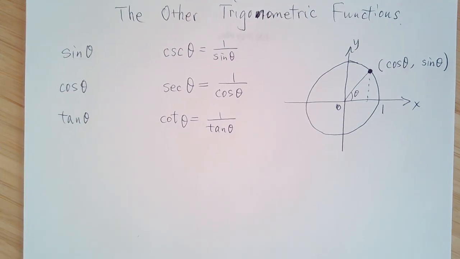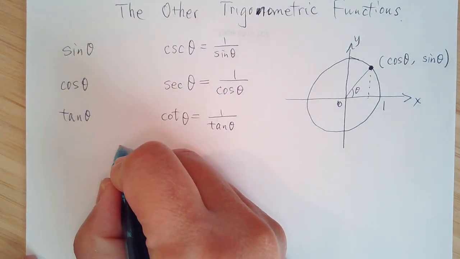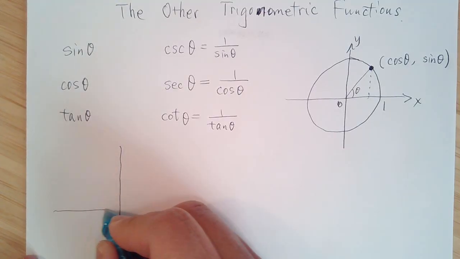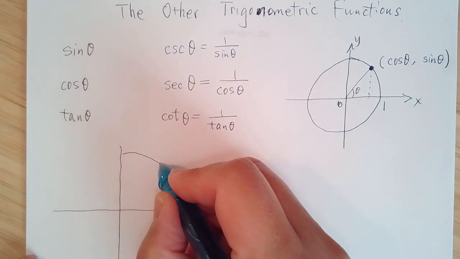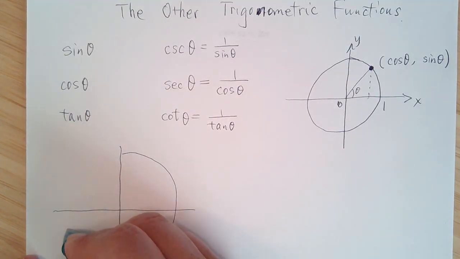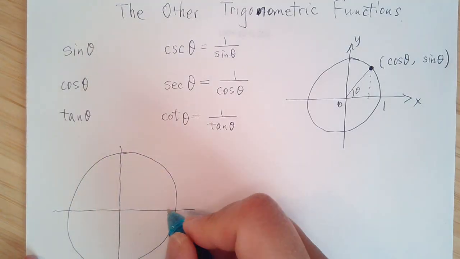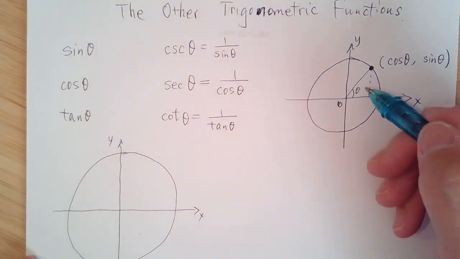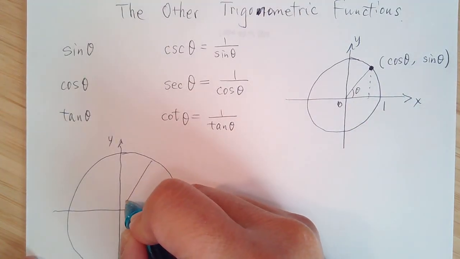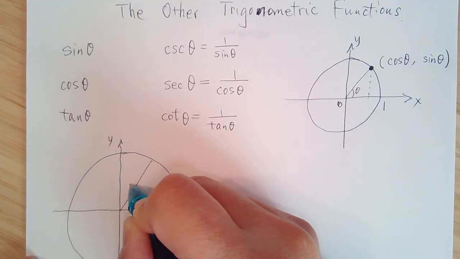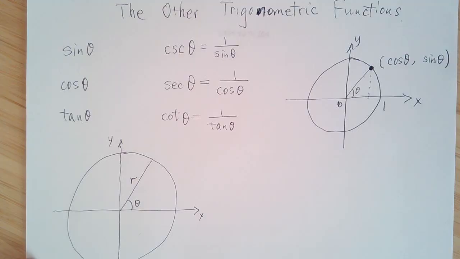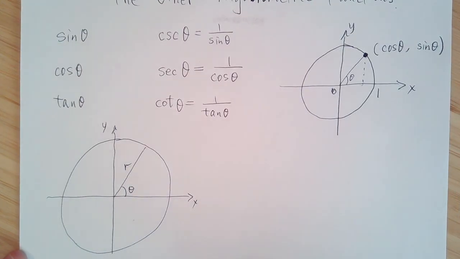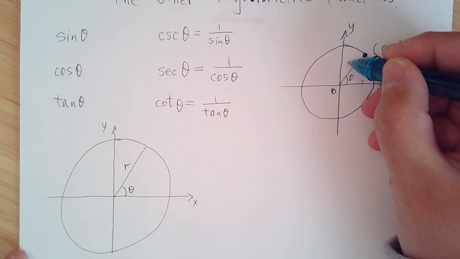Okay, now let me expand this a little bit. I should always have a better way to draw this, okay? So x, y, and with the same angle theta, but this time I have a radius r, not 1. This is unit circle, okay?